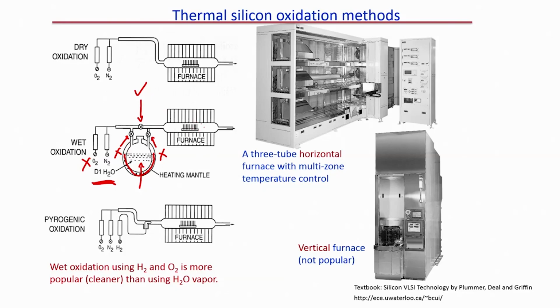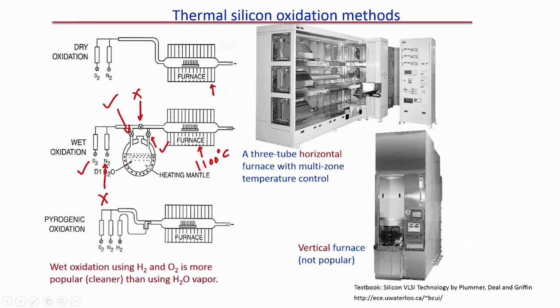Nitrogen flows into the chamber similar to the previous process, and once we reach the appropriate temperature, say 1100 degrees centigrade, then what we do? We keep this open, we stop nitrogen, we start oxygen, we close this valve, open this valve and open this valve.